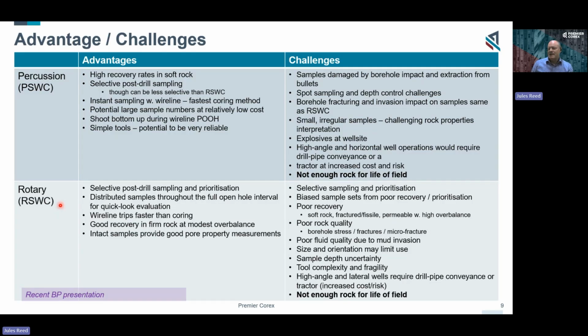And generally, you're going to have limited volume of plugs, and as was stated by this BP presentation, not really enough rock for the life of a field, for appraising a field.